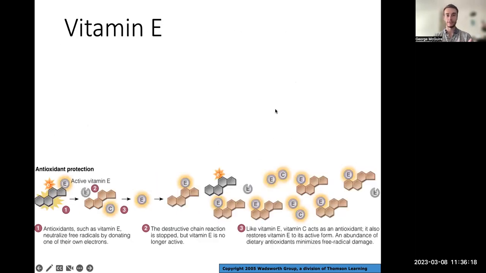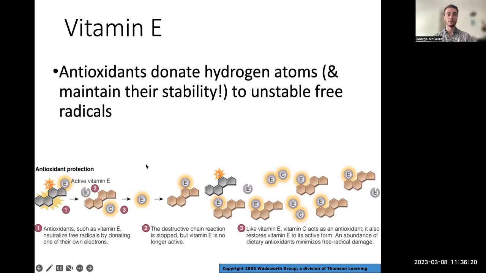And so an antioxidant, for instance, vitamin E, will donate a hydrogen atom to that free radical. So it's not taking the extra electron, it's donating a proton to stabilize that new molecule. And so in the case of vitamin E, this is just going to deactivate vitamin E rather than turning it into its own free radical where it's going to interact with others. It just becomes inactive. It no longer has the ability to donate this hydrogen that it was carrying.